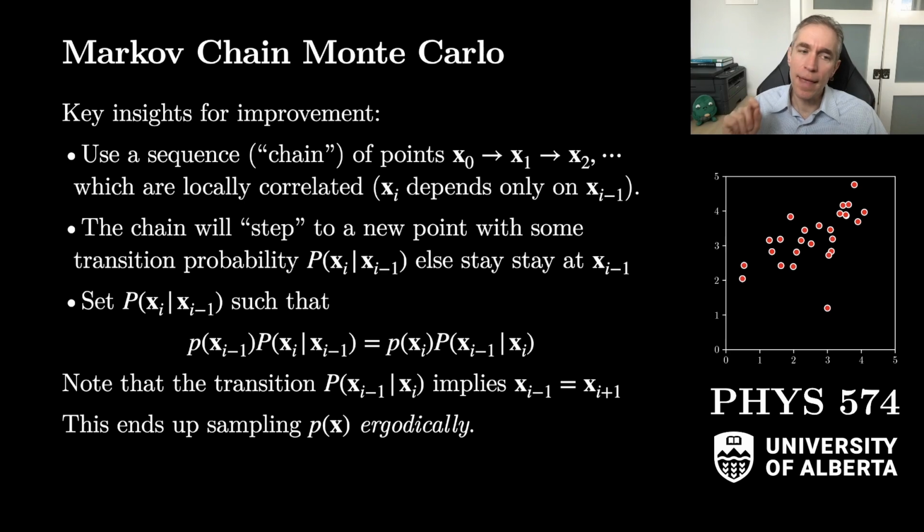If we choose that P such that we fulfill the condition of detailed balance, which is the probability density function that we're trying to get to, evaluated at xi minus 1, times the transition of getting to xi from xi minus 1, if we set that equal to the probability of being at xi, times the transition to go to the position at xi minus 1, if the product of these two probabilities is equal, then you can go through the unique insight of Markov chain Monte Carlo, which means that you end up having this chain sample P of x ergodically.